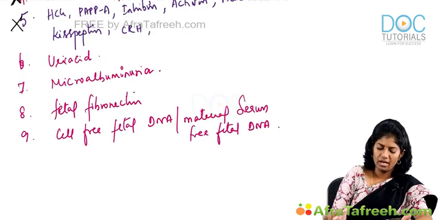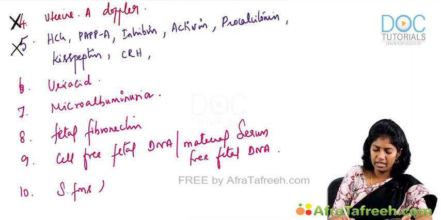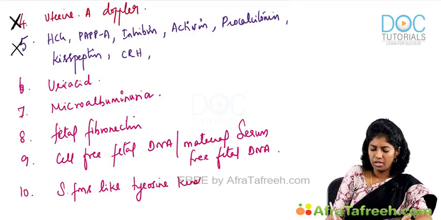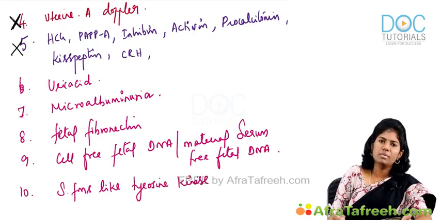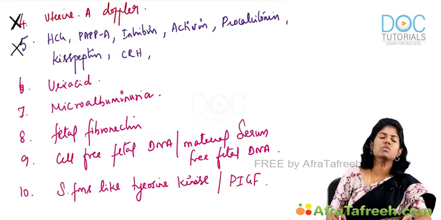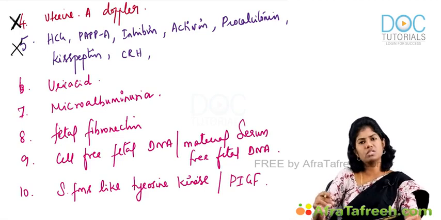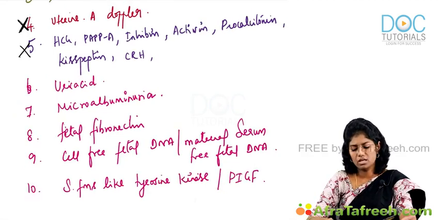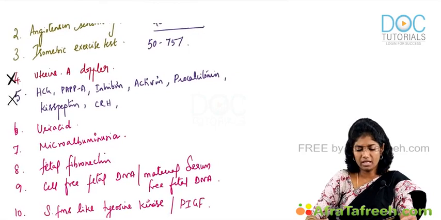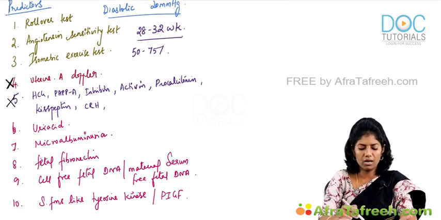And next is soluble FMS like tyrosine kinase, or the ratio between soluble FMS like tyrosine kinase and PlGF. These were the 10 important predictors that were studied for preeclampsia for the use of prediction, out of which few were found useful, few were found not useful. I will tell you what all are useful.